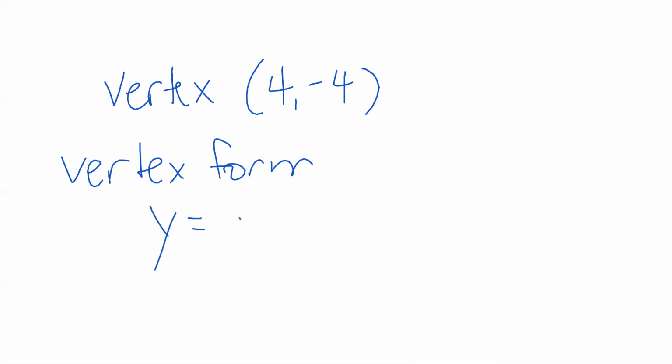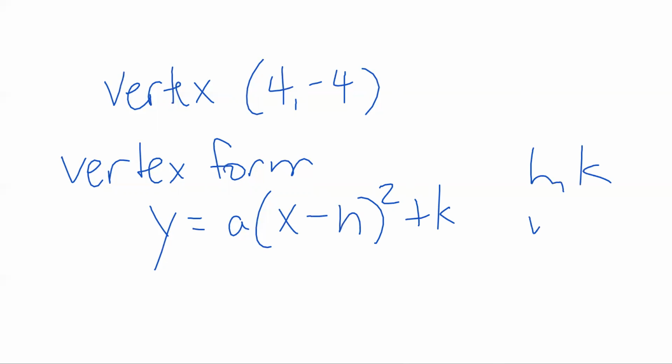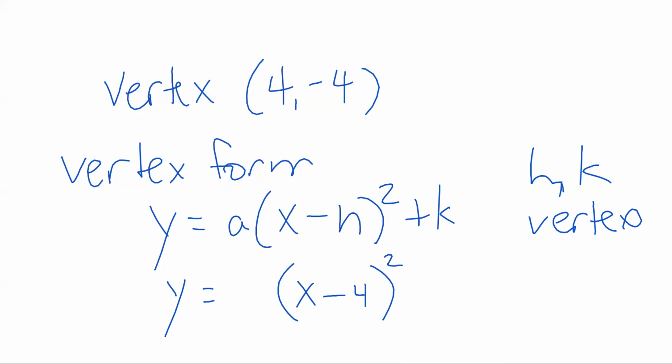I'll just tell you, it's going to look like this particular situation, and h, k is the vertex. Based on what we found about the vertex previously, you can determine that it's x minus 4 squared minus 4, because that's what MATLAB is going to want you to put in.